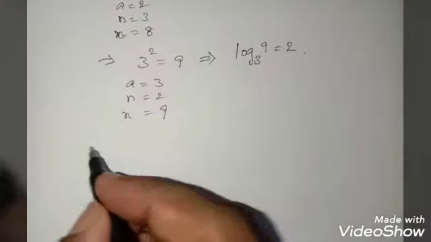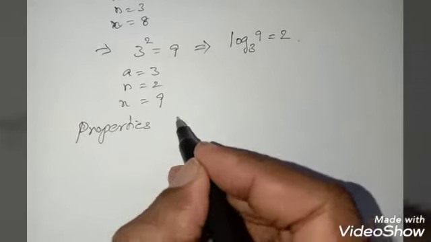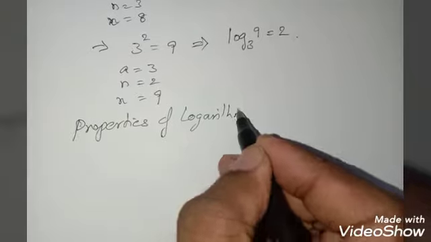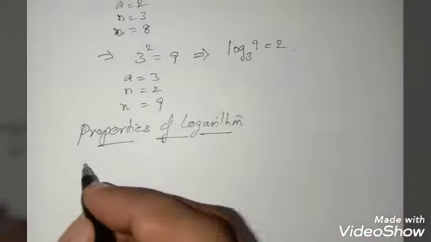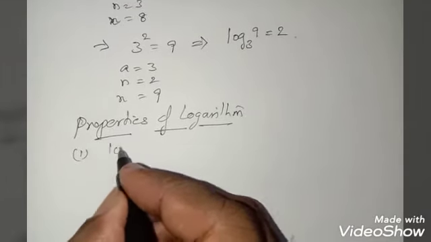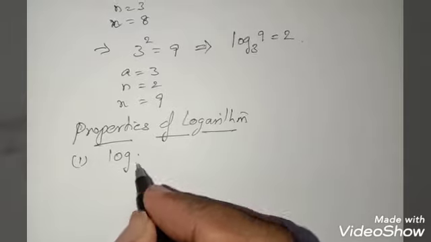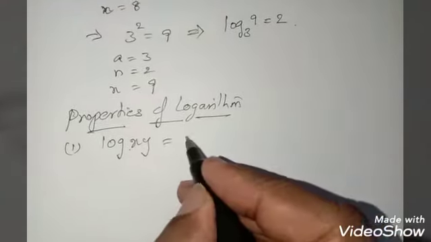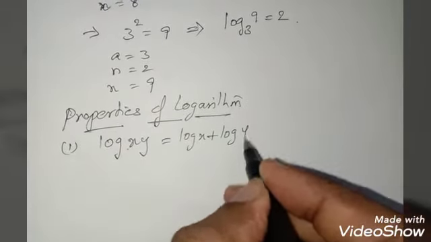Now coming to the properties of logarithms. These properties are very much important to solve any problem of logarithms. Now what is the first property here? Log xy, we can write as log x plus log y.